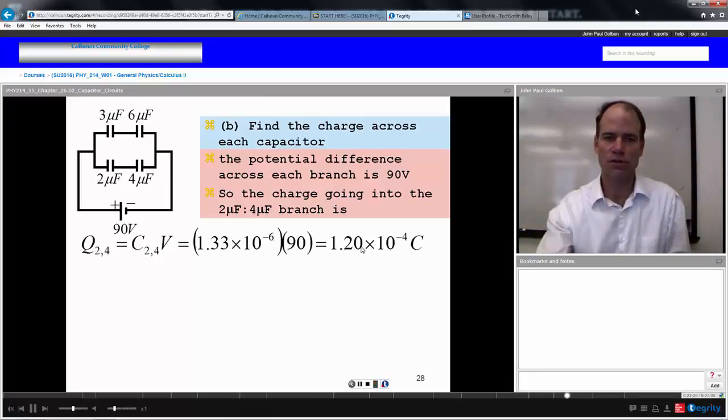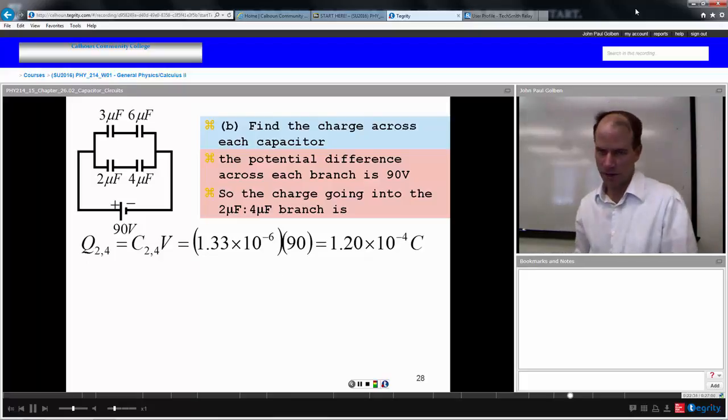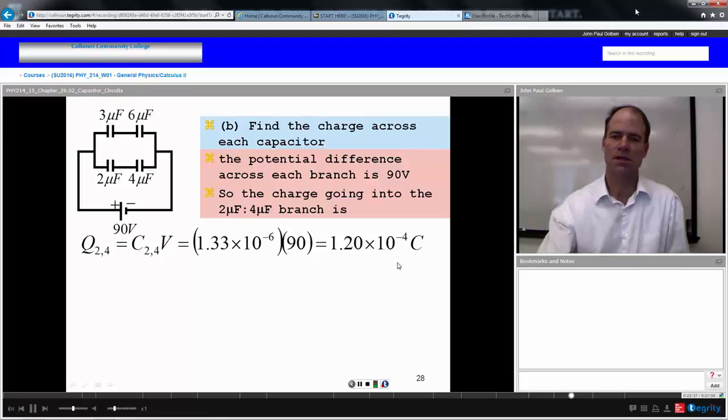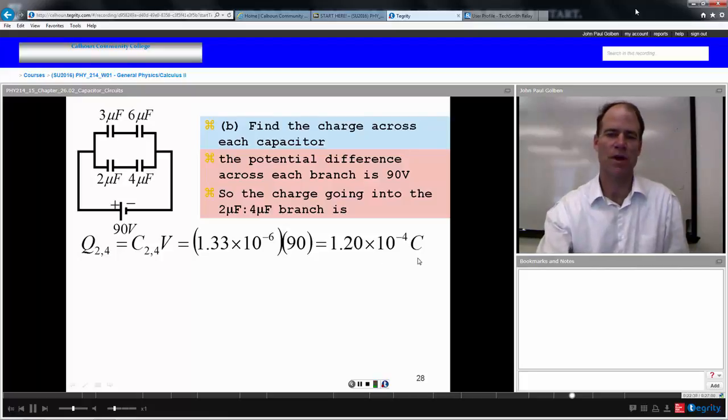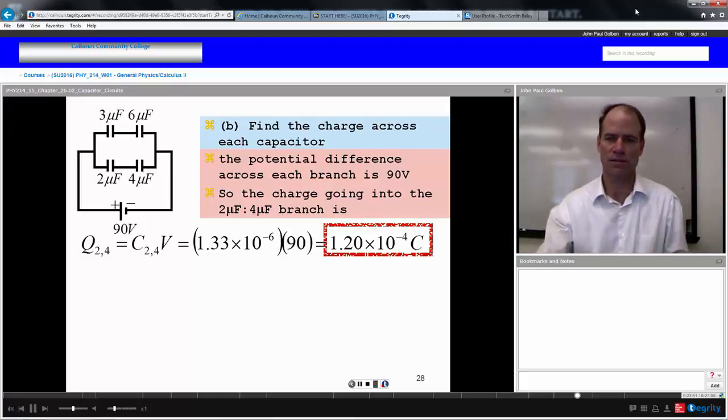So for the 2-4 branch, our charge on the equivalent capacitance of that branch will be 1.33 microfarads times 90 volts, which will give us 1.2 times 10 to the minus 4 coulombs. Now, since things in series have the same charge as their equivalent capacitance, this will be the same charge that's on the 2 microfarads and the 4 microfarads.